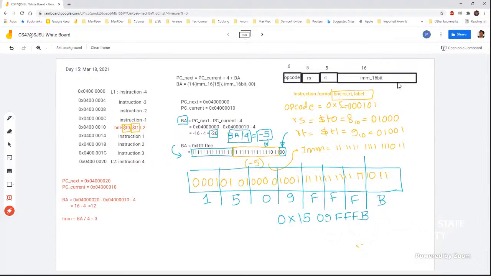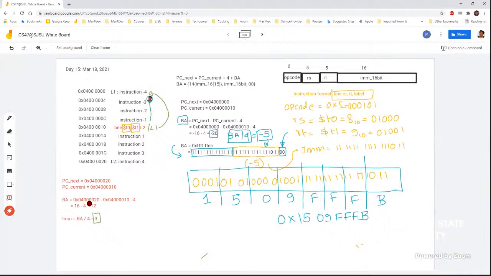Now let's do another round of simplification of this whole problem. You see, for a forward jump and a backward jump, I have two numbers here. We are in the previous instruction when it was L1, jumping to an instruction 4 instructions away.